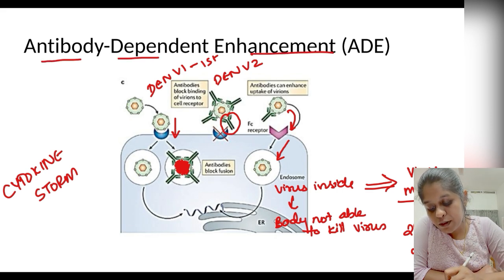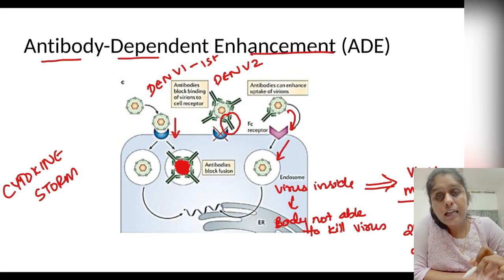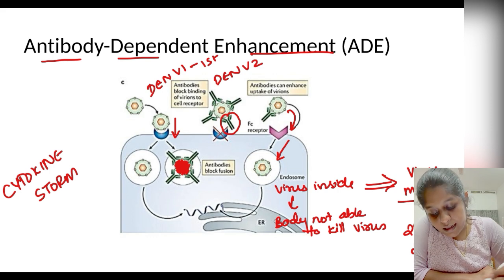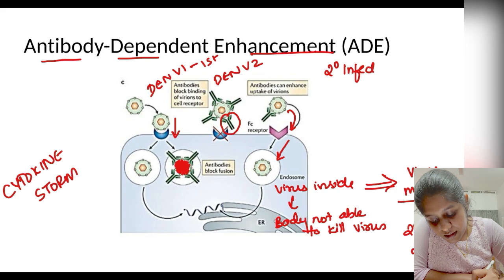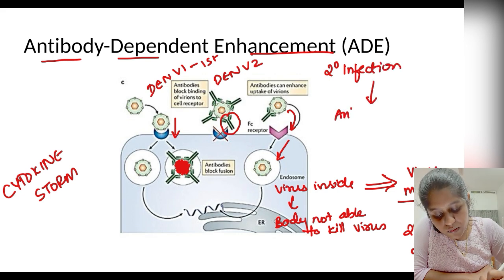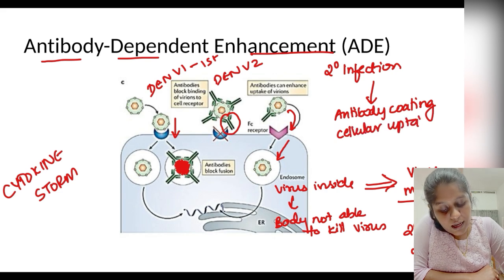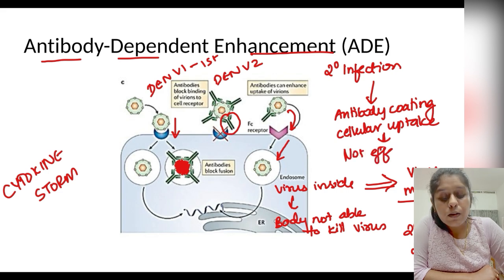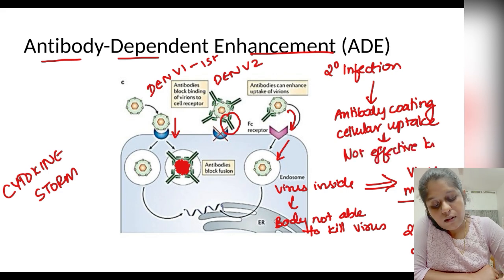So let's learn about the antibody dependent enhancement. So this is what we learned. What happens when the secondary infection happens? The body will try to take the cell in. It will try to coat it with the antibodies, but then effective killing is not happening. Also, the antibodies can enhance the uptake of the virions, take them through the endosome and bring them inside the cell, but then are not able to kill the organism.